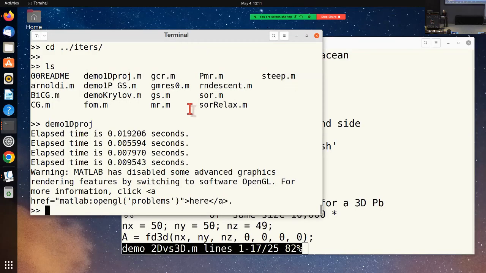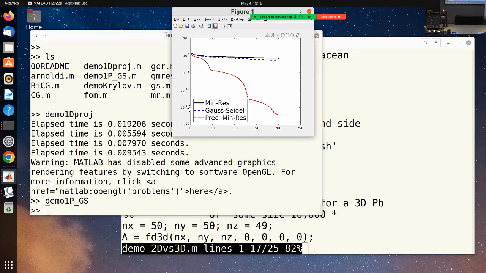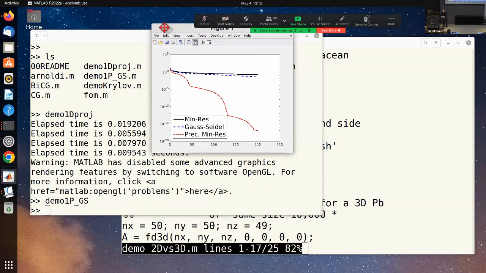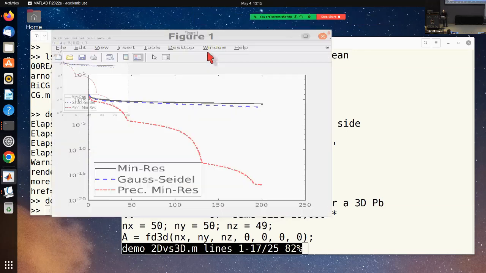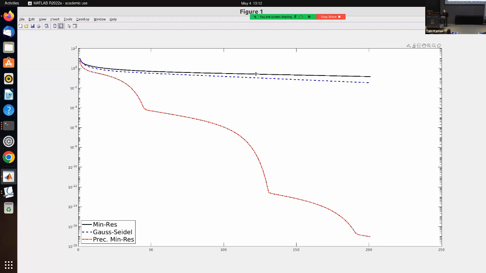I'll come back to this in a second. Then one more thing that I haven't discussed too much so far is the idea of preconditioning. So I'll show you an experiment where you actually add preconditioning. This is MinRes with Gauss-Seidel by itself, and then you see what you can get as an improvement if you add preconditioning.